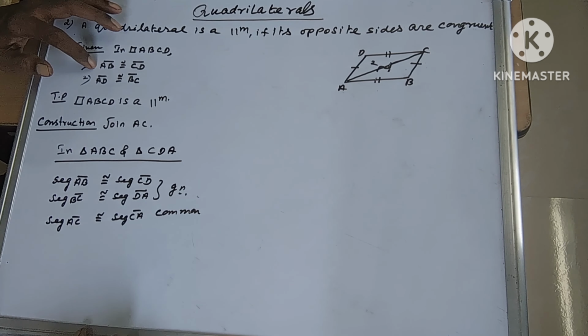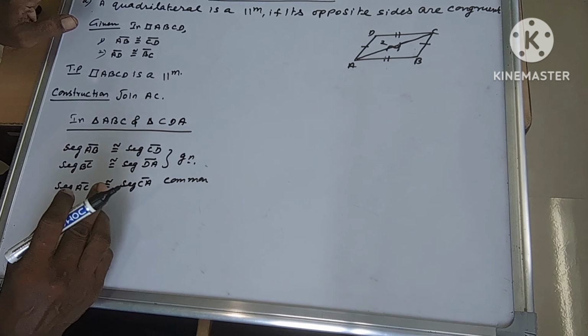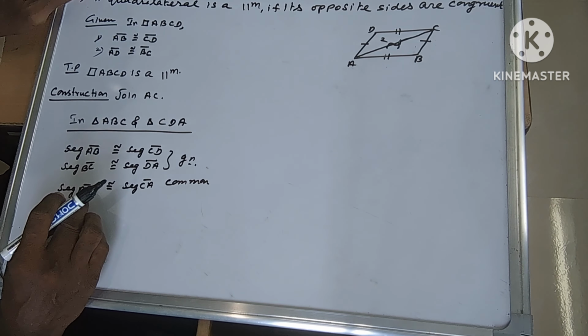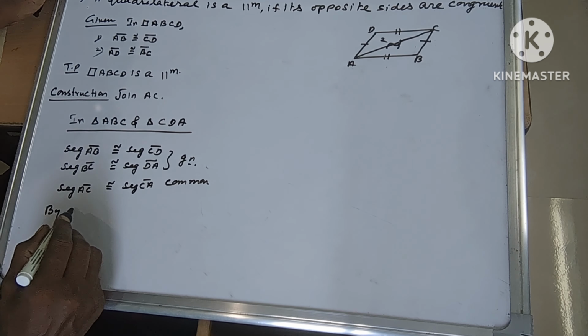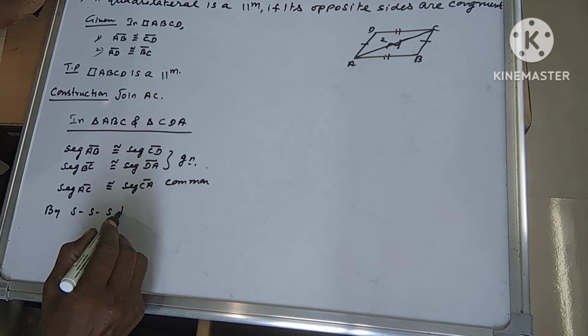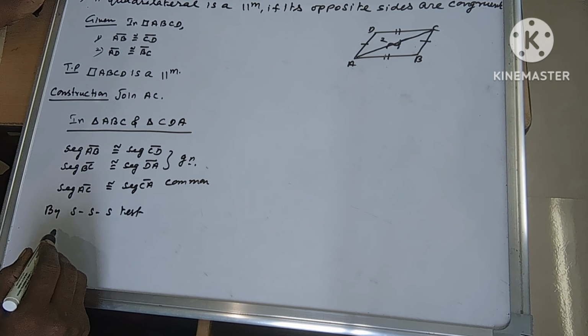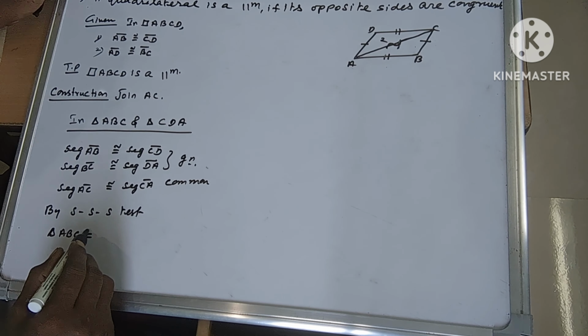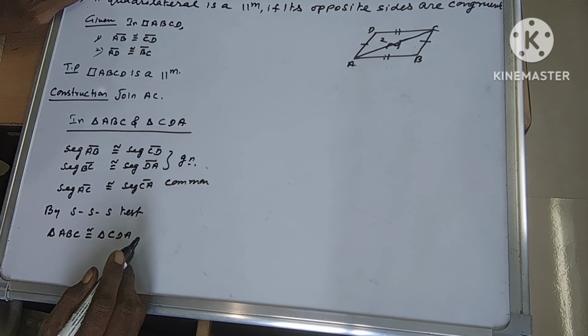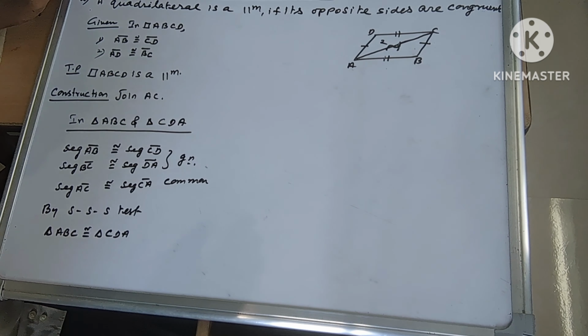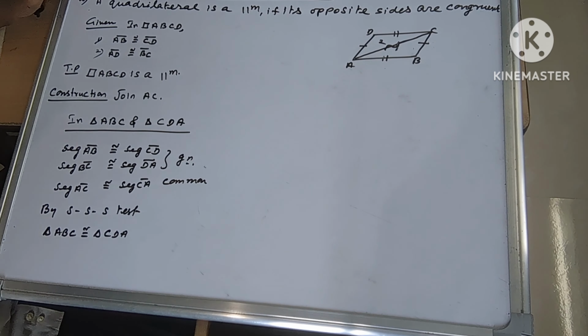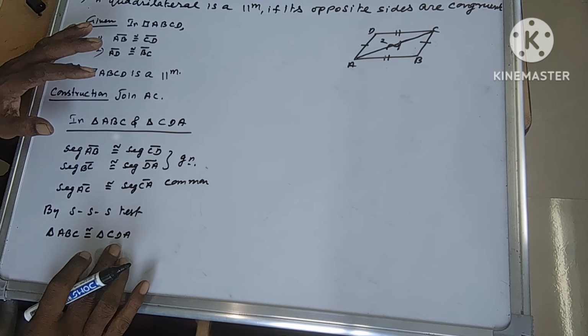So we have all three sides. By the SSS test, triangle ABC is congruent to triangle CDA. Now these two triangles are congruent.